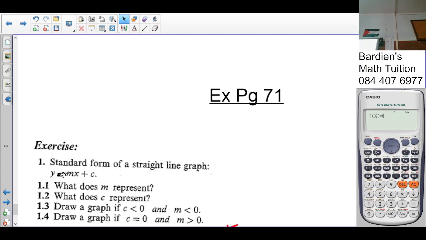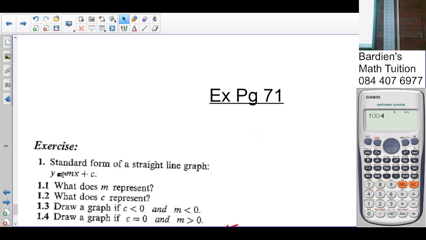And lastly, 1.3, draw a graph where c is less than 0 and m is less than 0. People, what does less than 0 mean? Negative, yes. Good. If you look at this number line here, all negative numbers are less than 0. And of course, if it says more than 0, those are your positive numbers.